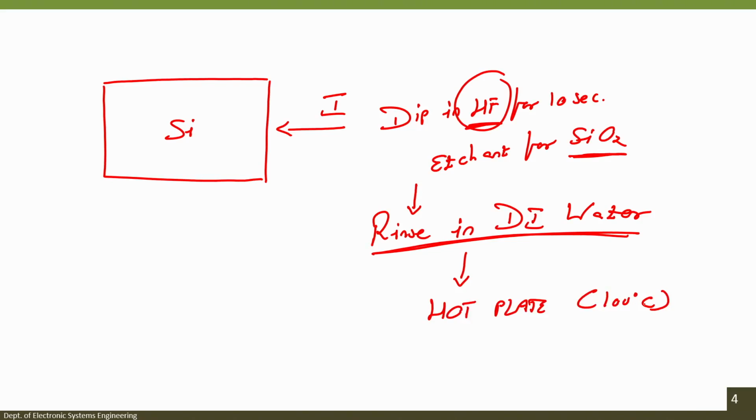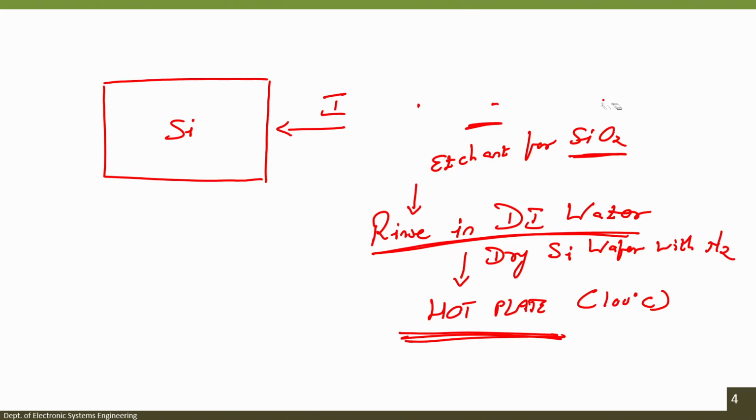But before you put it on the hot plate, after rinsing with DI, you have to dry the silicon wafer with nitrogen gas. Right. First step is take the silicon wafer, dip in HF, then rinse in DI water, dry it with nitrogen, and then place the silicon wafer on the hot plate. Why hot plate? To remove any moisture present on the silicon wafer, right.